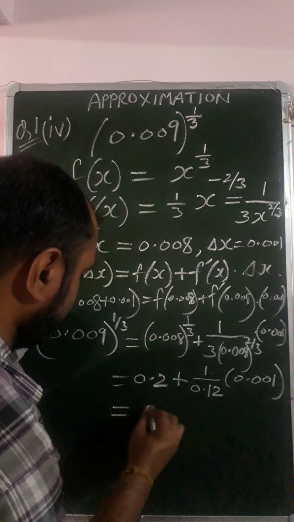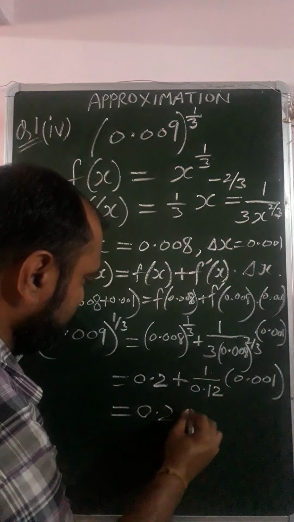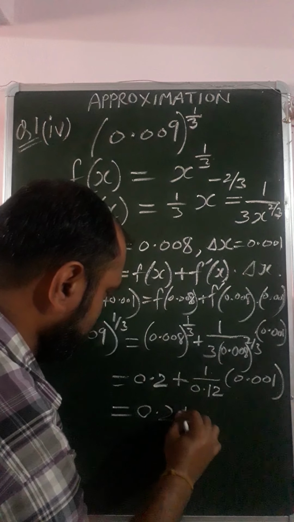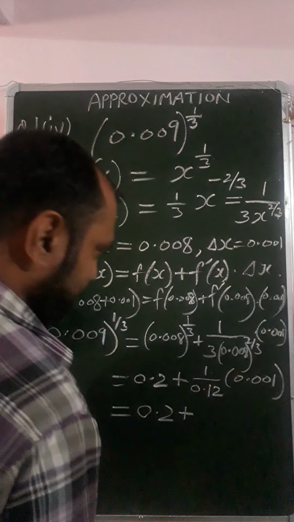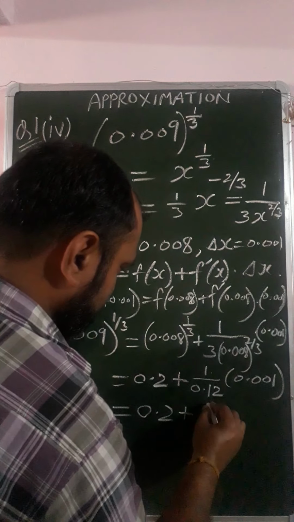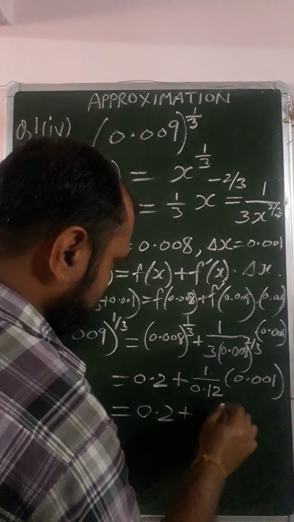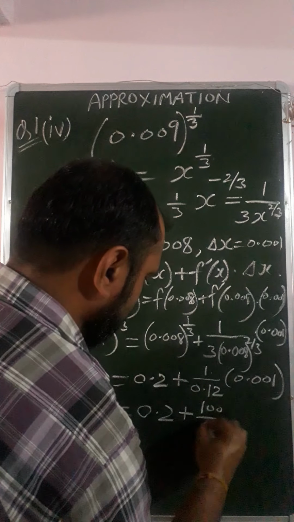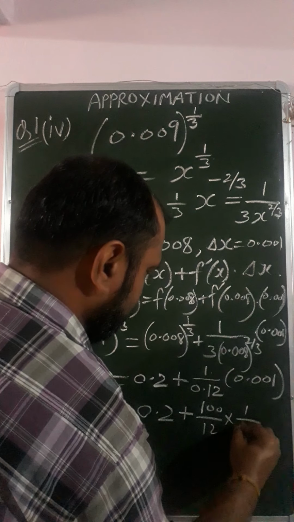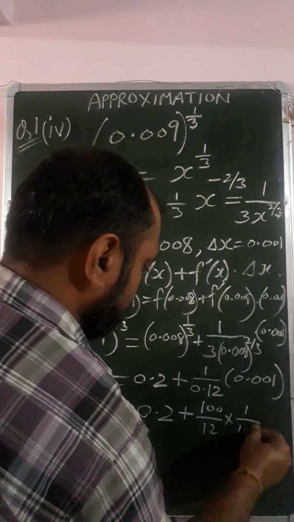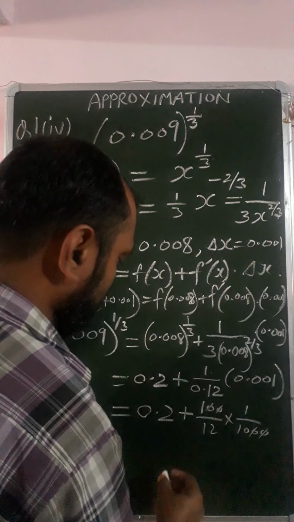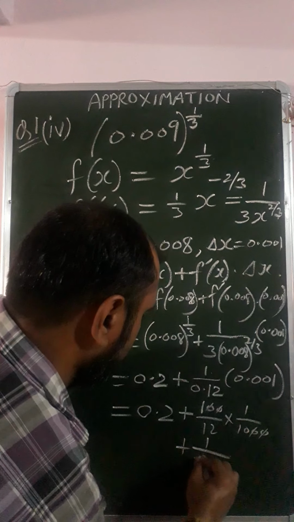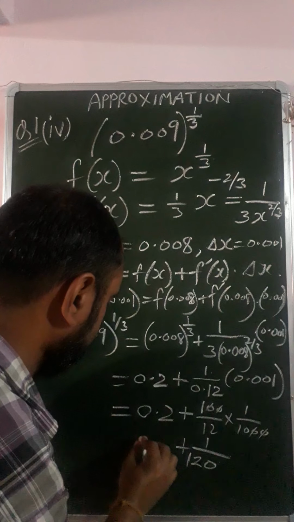So we have 0.2 here. When we simplify this, this is 100 over 12, this is 1 over 1000. 2 zeros are cancelled out.